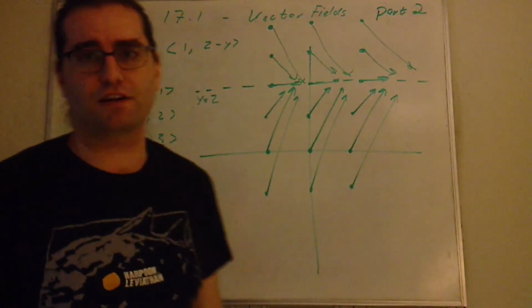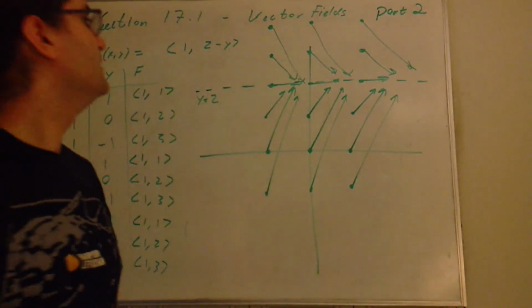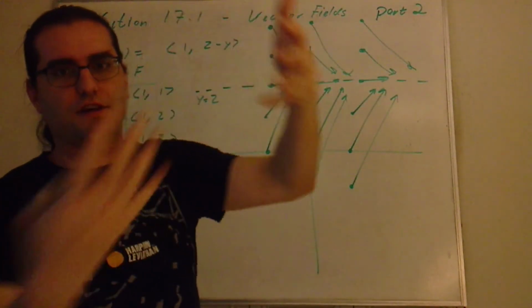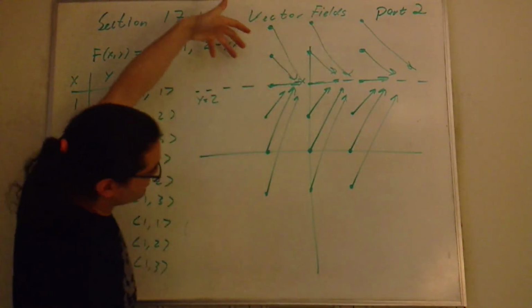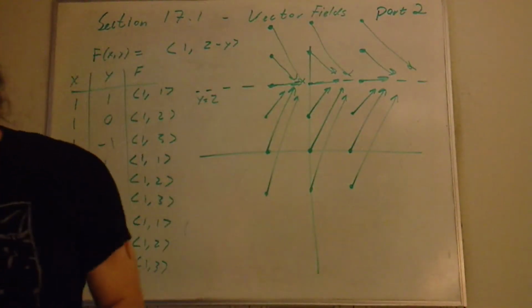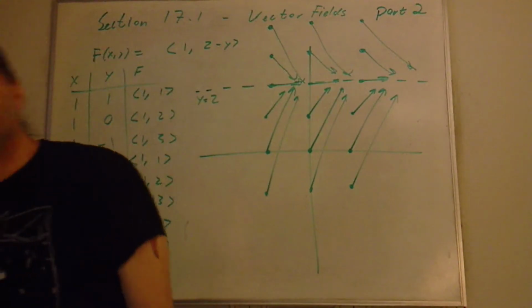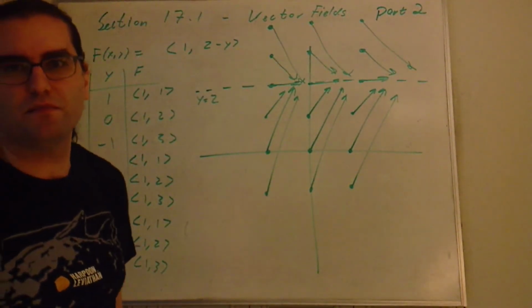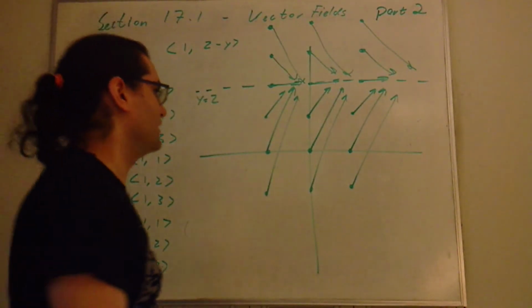So this is a neat vector field. It's a nice way to model convergence like that. This is handy. I don't think this one has a name. I don't think we need to give it a name.